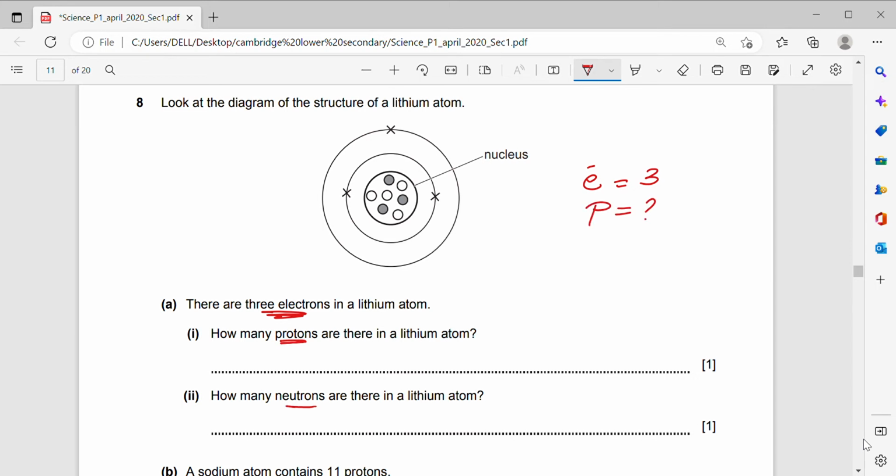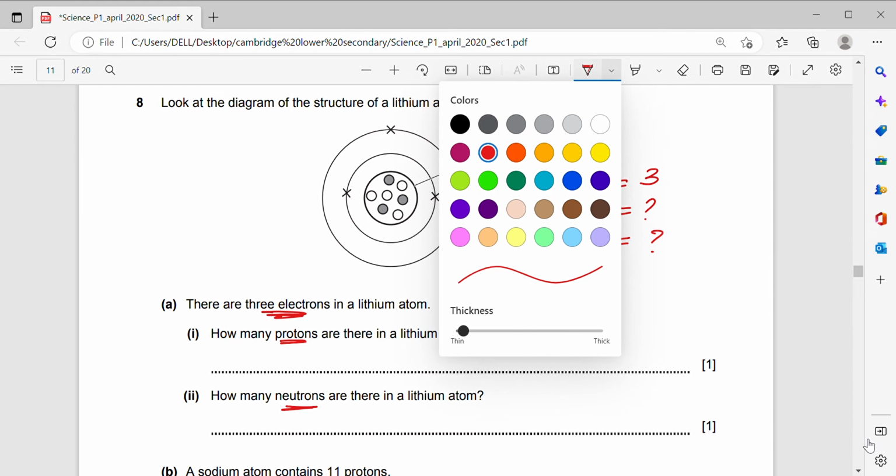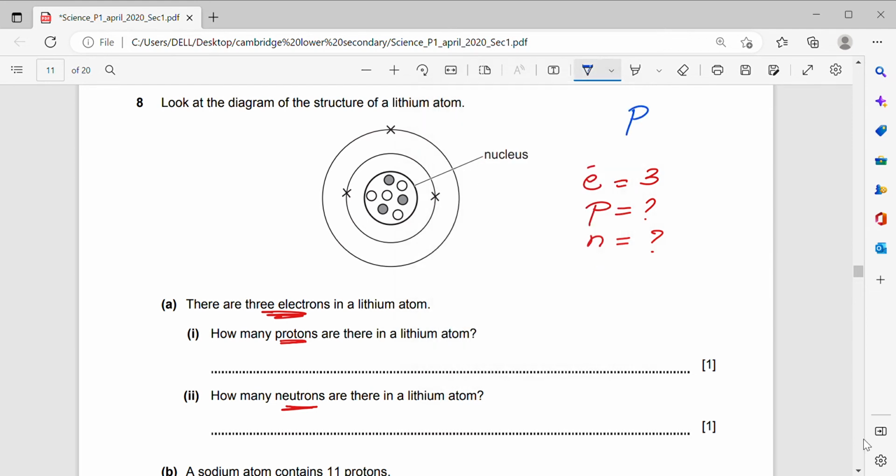And the question after that: how many neutrons? Electrons 3. As we know, the number of protons is equal to the number of electrons, so protons 3. Now, how many neutrons here? Let's check the nucleus, because the nucleus is the number of protons plus the neutrons.